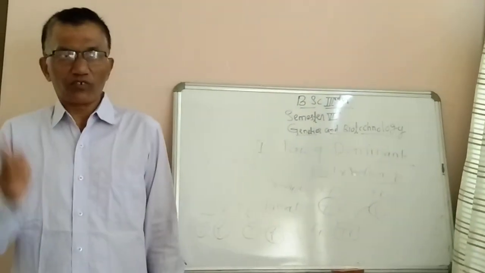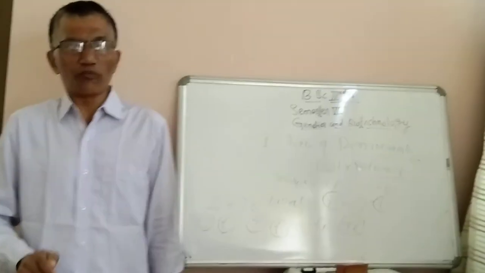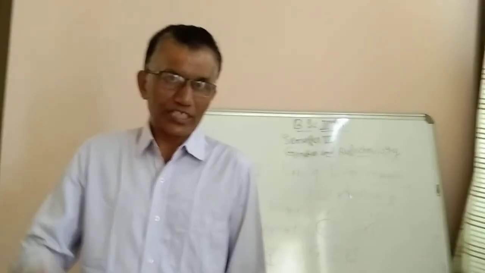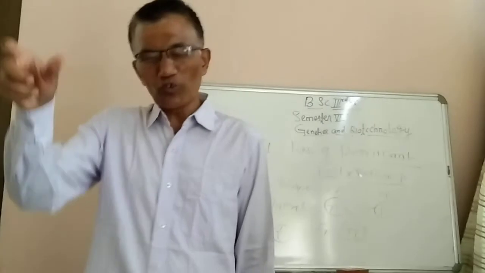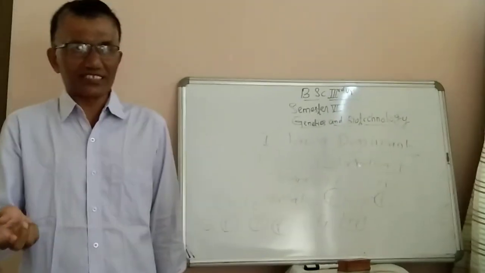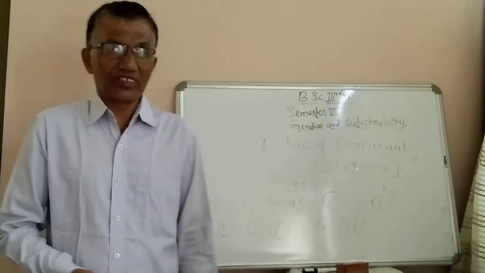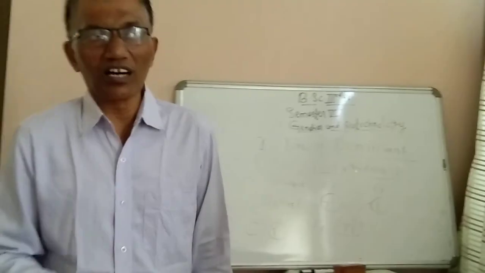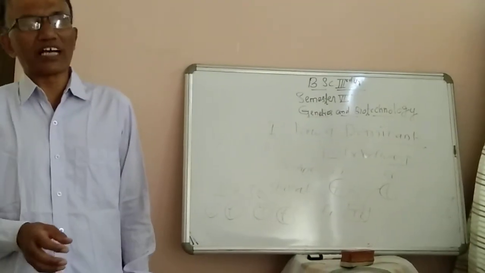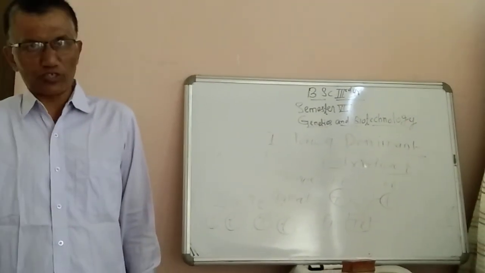Therefore, the dihybrid ratio of the law of independent assortment is always 9:3:3:1. So how it comes and how these characters are independently assorted, for this he gave the third law, named the law of independent assortment.